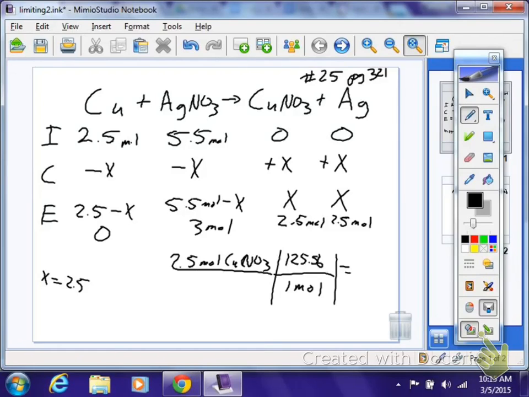And you multiply that out. And then you do the same for silver. 2.5 moles of silver. Then you'd say for every 1 mole of silver, you would have 107.87.